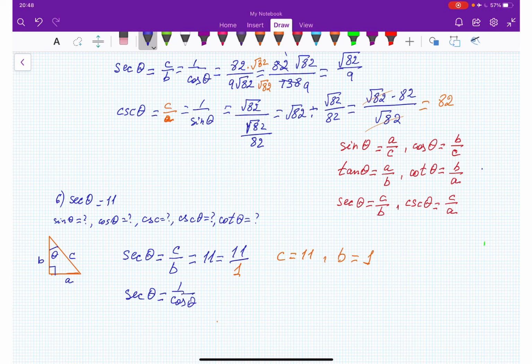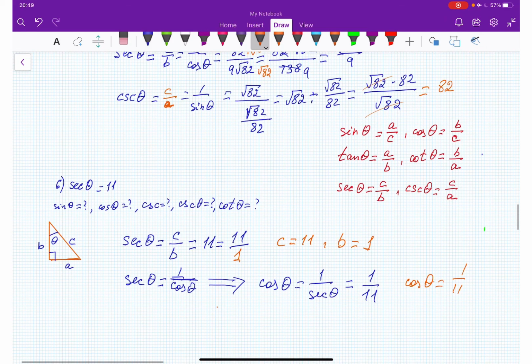So from here, hence, cosine theta is equal to 1 over secant theta, which is going to be 1 over 11, since secant is 11, so we flip. That will be our cosine. So cosine theta is 1 over 11. Okay, next.